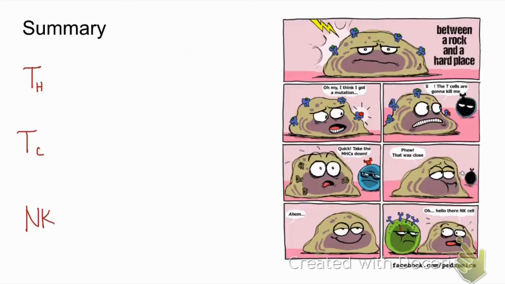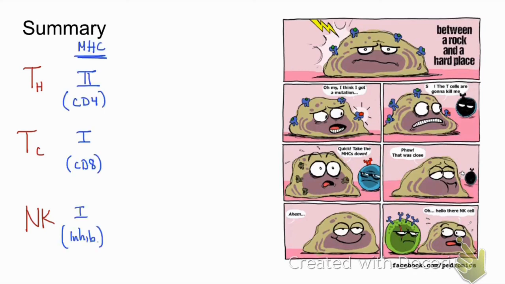All right, so let's just summarize some of the major points that we talked about. We talked primarily about three types of cells: the T helpers, the TC or the T cytotoxic, and the NK or natural killer cells. First, we talked about how these cells are stimulated.